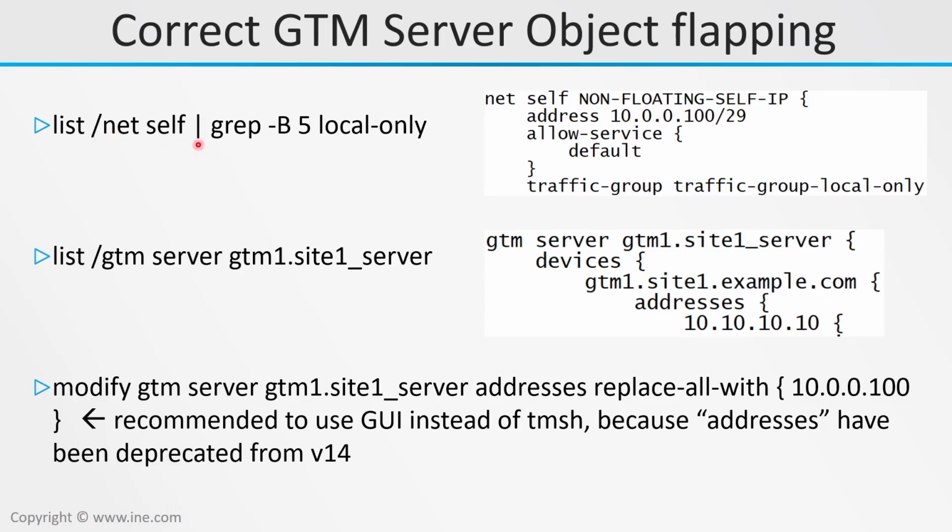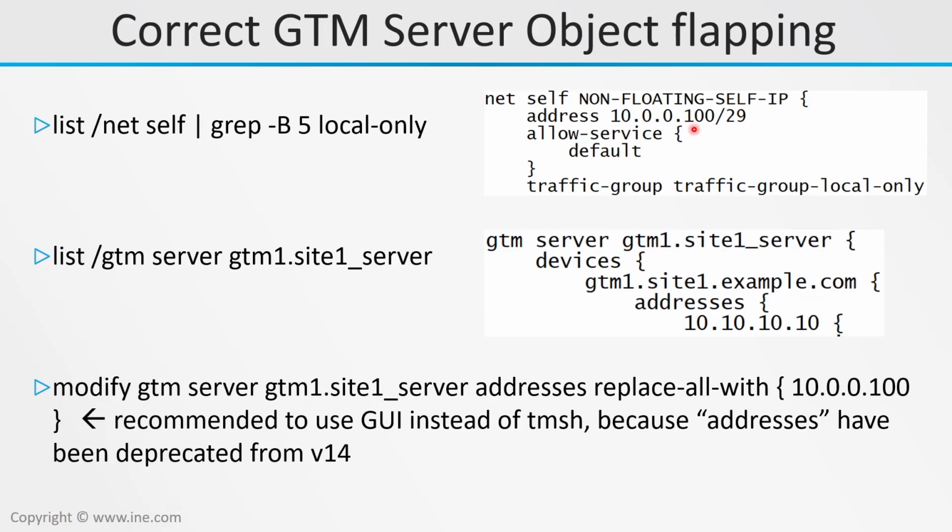Do a list net self and then grep for local-only, so it catches local-only right here, and then it's going to give us the additional 5 lines before it using the -B flag. This is just a quick way to get it. You can identify that the non-floating IP address is 10.0.0.100.